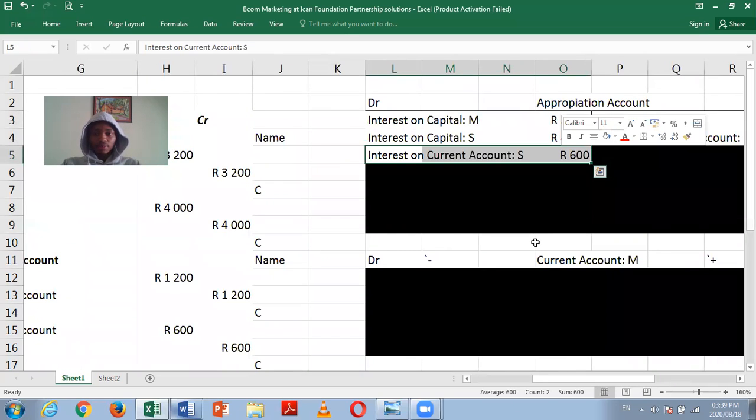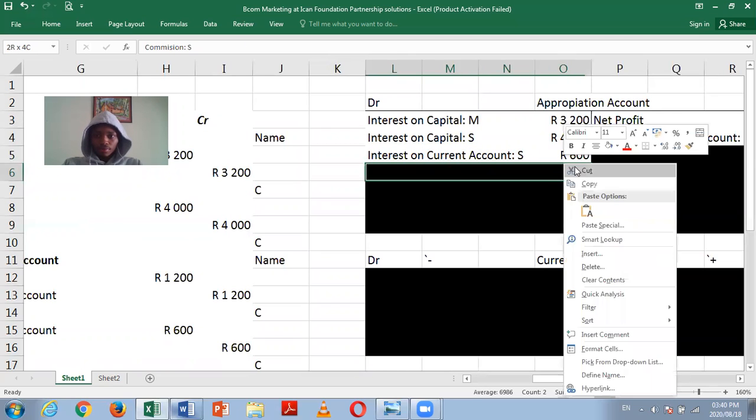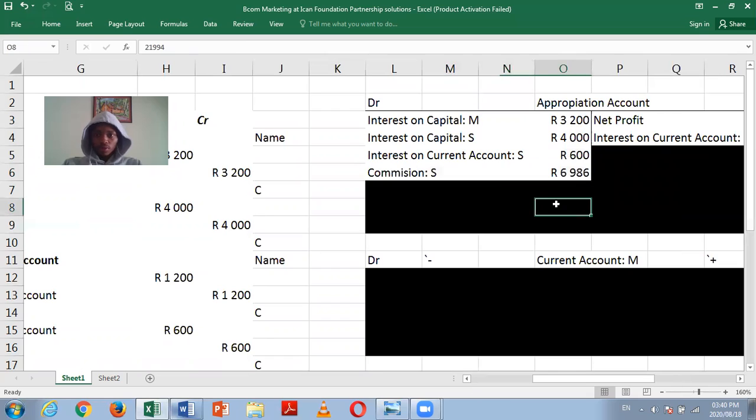Remember partner S. It was 10,000, which was on the credit side. The fact that it was on the credit, it was favorable. So you take the 10,000 multiplied by the 6%, which is the rate given for interest on current account, you get 600. And then partner S again received the commission, right? So we received a commission of 6,986.